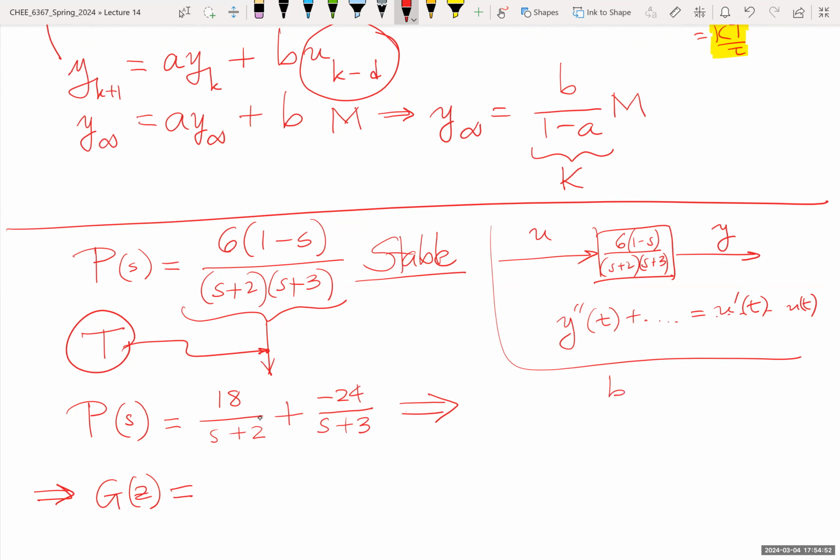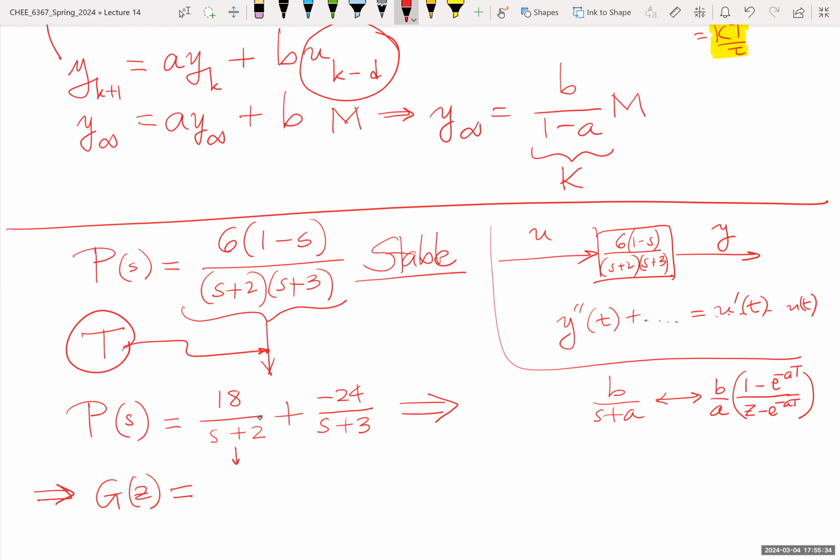Let me copy equation 31, that B over S plus A has a counterpart in discrete time, which is B over A, like this, multiplied by 1 minus e to the minus AT over z minus e to the minus AT. Okay?